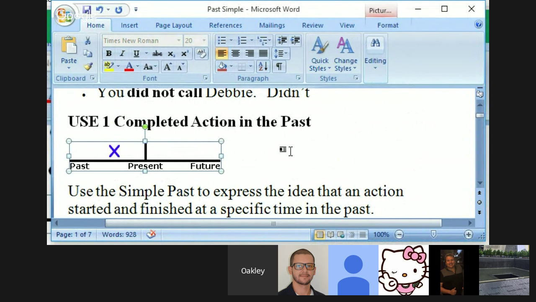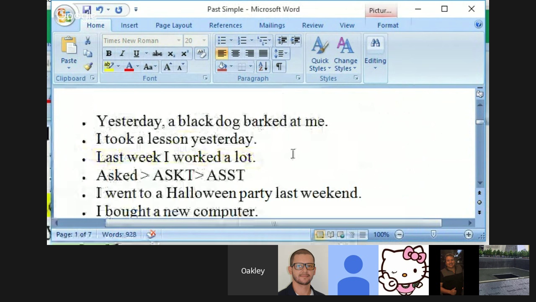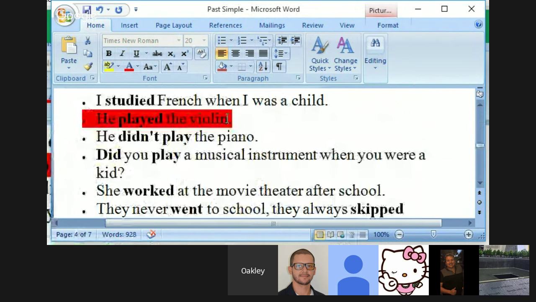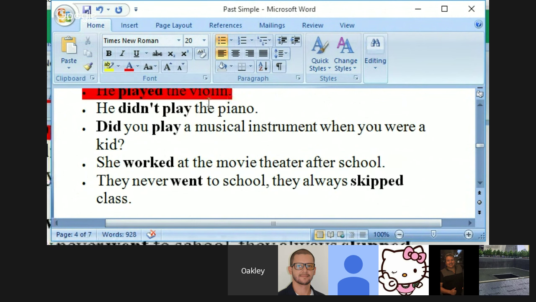Because that is the first and foremost basic usage. So this means nothing to me. I have no idea, but all I know is that at one point he played. I don't know if it was one time, a long time, 5 minutes, 17 hours. All I know is it's finished.